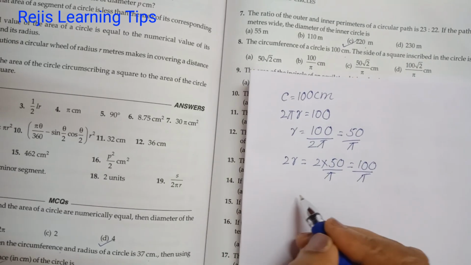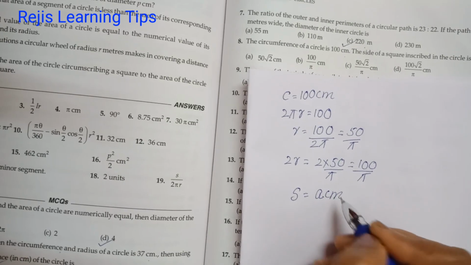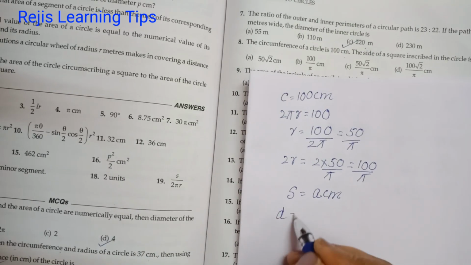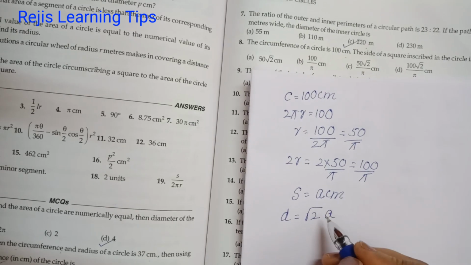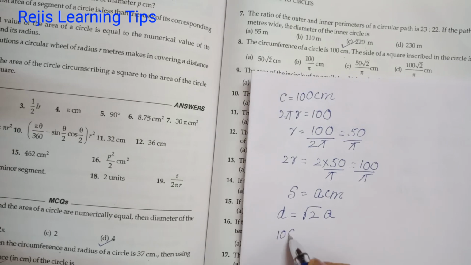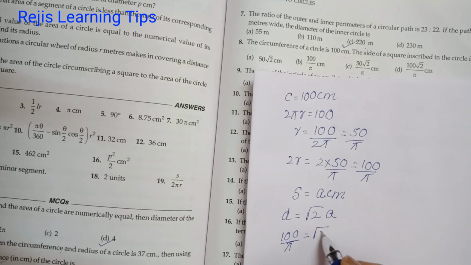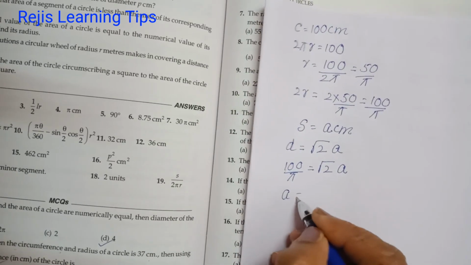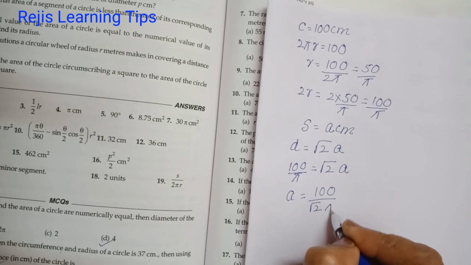Then side of the square is equal to a centimeter. Then diagonal is equal to √2a. So 100 by pi is equal to √2a. Therefore a is equal to 100 divided by √2 pi.